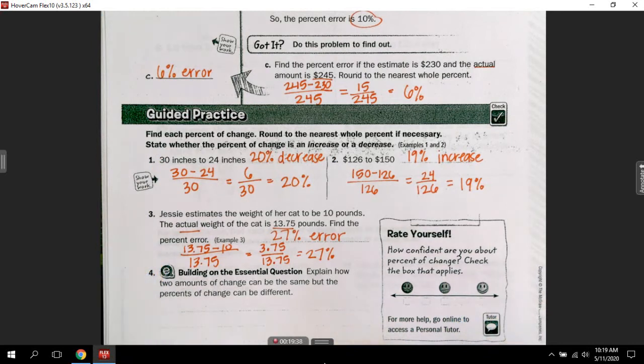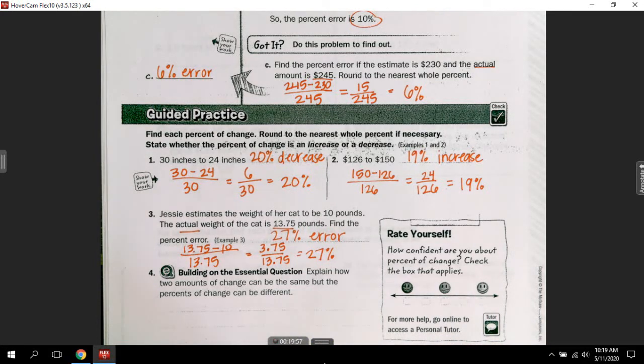And then if you want to do number 4, you can explain how the two amounts of change can be the same, but the percent of change can be different. So obviously it's based on the original amount.